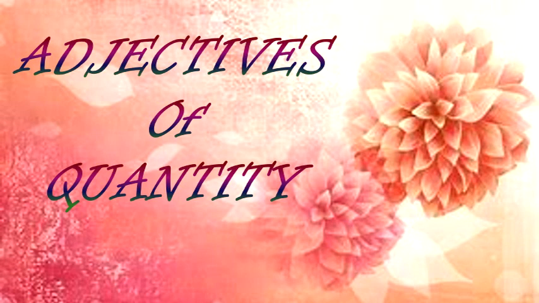I have shared that when you use words like all, few, some, many, several with countable nouns, then they are called adjectives of number. Now in this part we are going to see what if we have uncountable nouns with us.